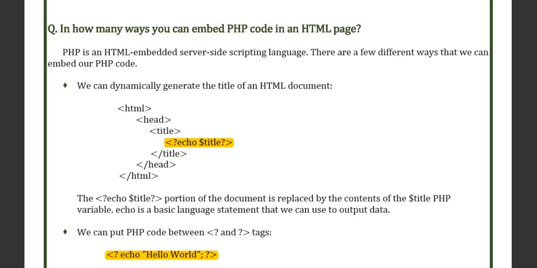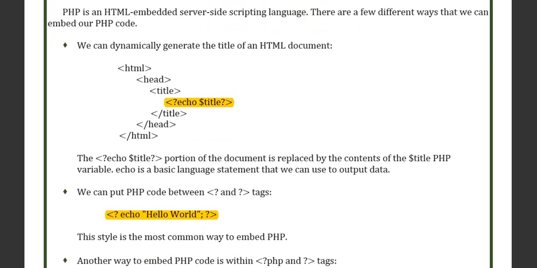How many ways can you embed PHP code in HTML pages? Here we can see that this is an HTML page. In the heading section, in the title, we have written echo and then the title. Echo works like the printf function in C programming.